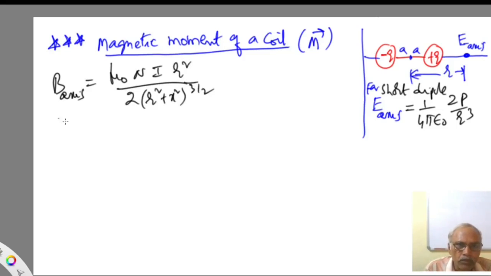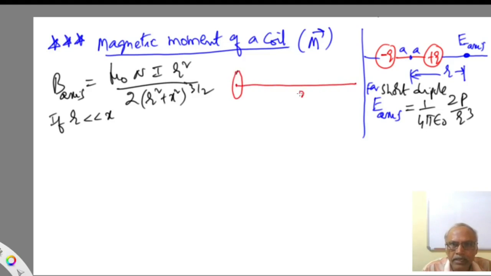Now for a short coil, if the size of the coil is very small, if the radius R is very small compared to the distance X, then you can neglect x square.